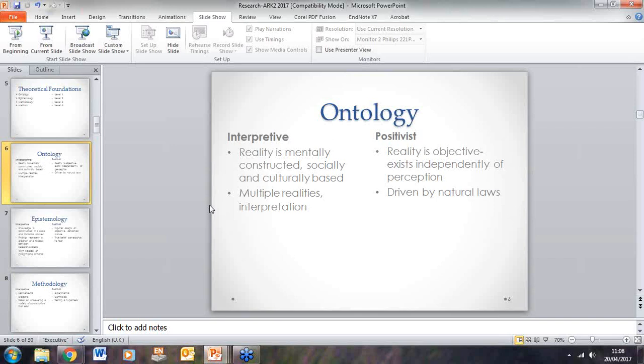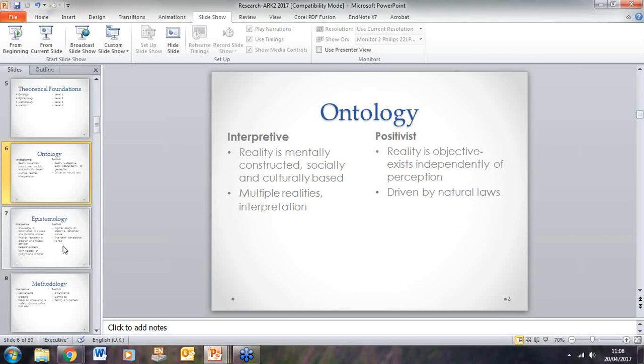And this will translate when you go into your dissertation stage and when you go into the ethics stage. It should be absolutely clear to the person reading the proposal or reading the ethics submission that you know where you're coming from, and you know what you're trying to find out, and you know exactly what your research aim is. So that's your ontology and the ontology of the project.